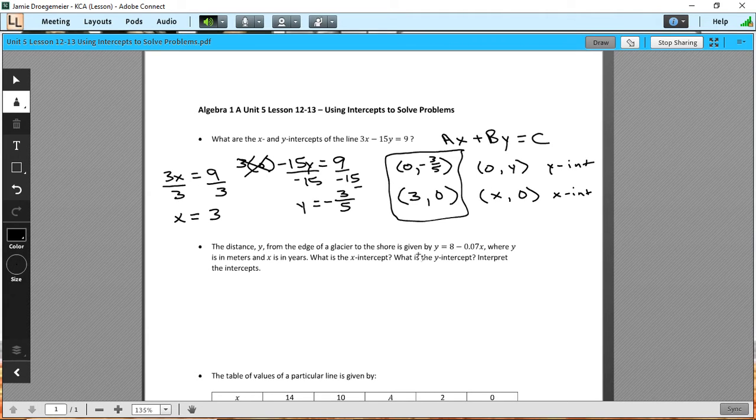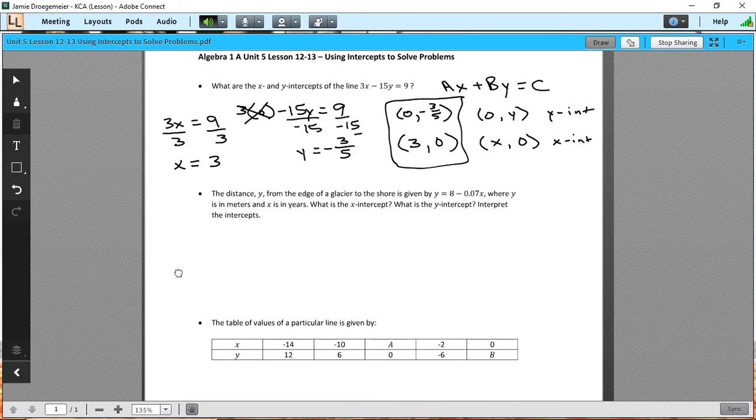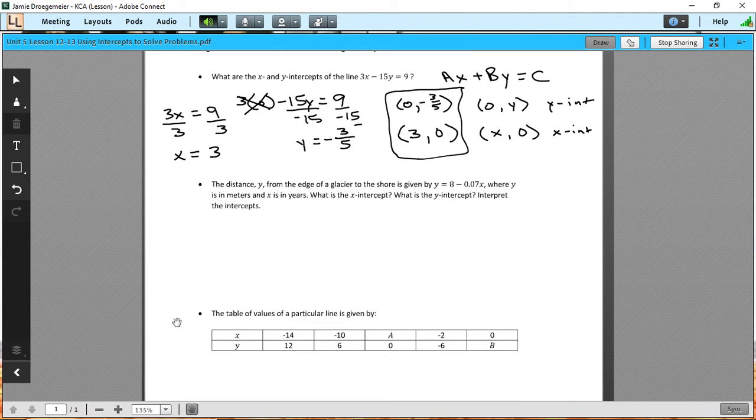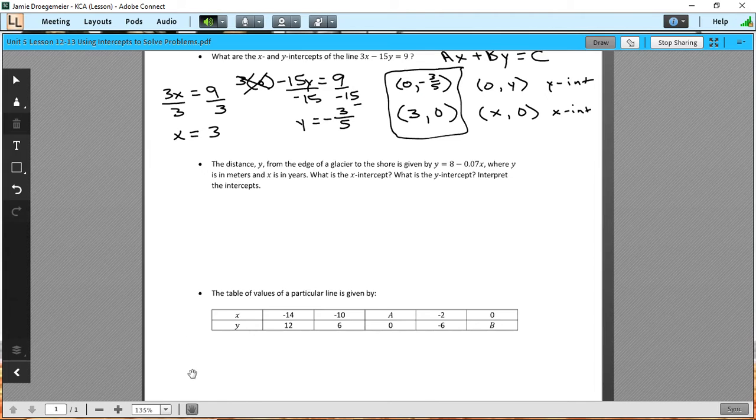In this next one, we're going to use intercepts as a part of answering some questions. It says that the distance y from the edge of a glacier to the shore is given by y equals 8 minus 0.07x.